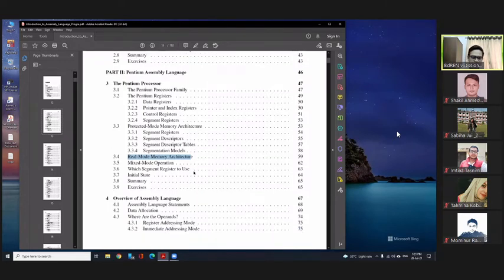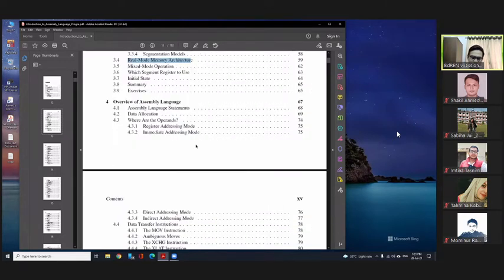After the first time, we discussed chapter number 4, which is where we started our assembly language coding. Whenever we started our coding, we started with the statements. Then we discussed data allocation, because for any language we need to know about data allocation, the declaration of the variable, and so many things.